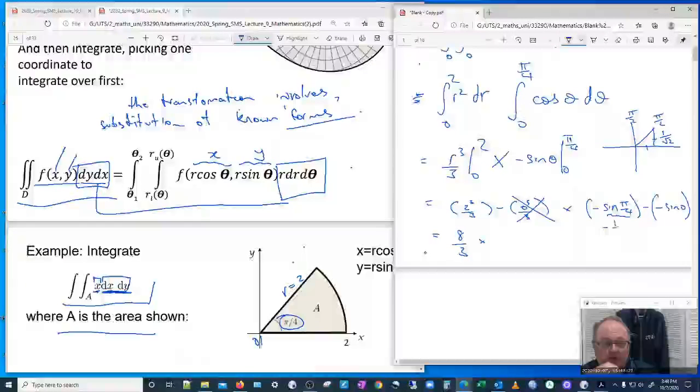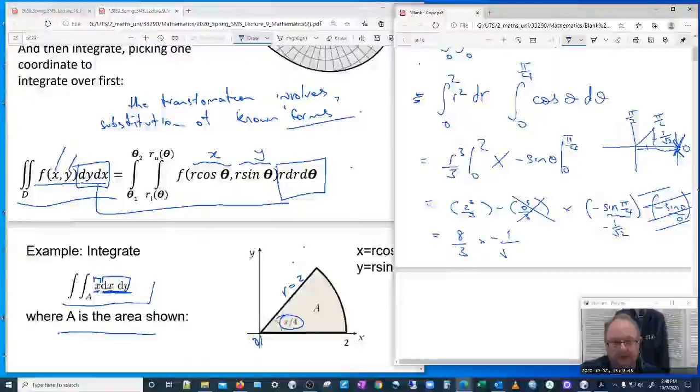So it's minus 1 over root 2. And what's the y at 0? Here's our 0, and the y there is 0. So we can forget about everything else now, because sine minus 0 is just minus 0. So what we've got here is 1 over root 2.